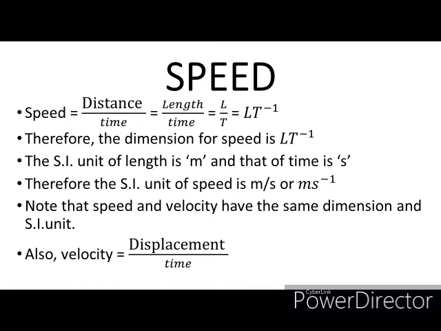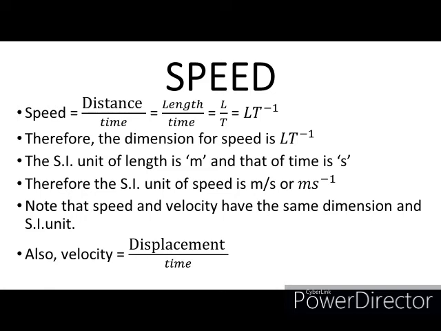The formula for speed is distance over time, but distance is simply the length from one end to another. Length is represented as L and time as capital T. So the dimension for speed is LT^-1. If I substitute the units, we get the unit for speed.